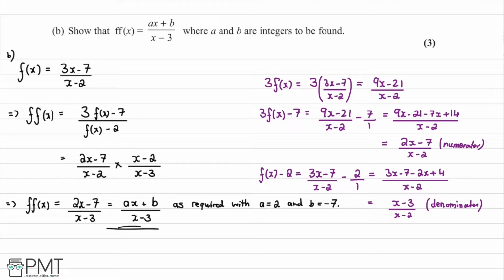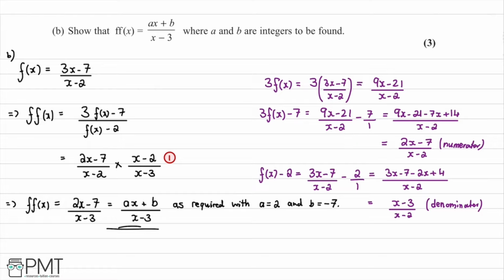So part B of this question, which we just completed, was worth 3 marks, and we received our first mark for an attempt at fully substituting in (3x minus 7) over (x minus 2) into f of x. Then this was having it in the correct form, so essentially this was when we did our working over here, then we substitute it back in, so we get our first mark at this point when we substitute the values in.